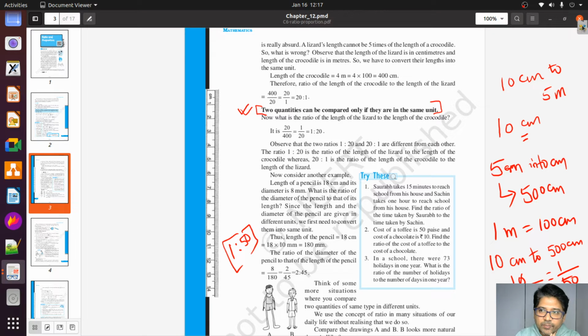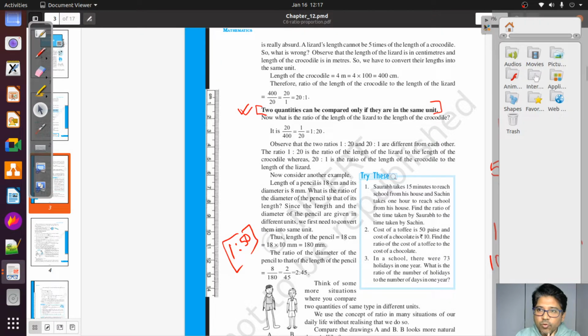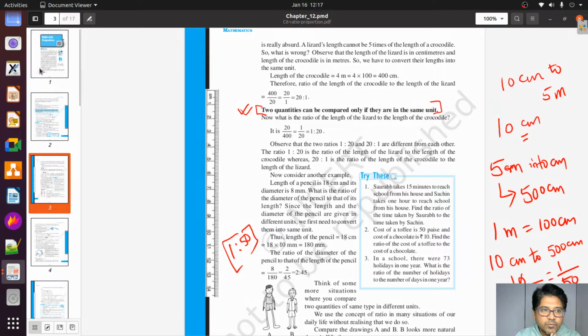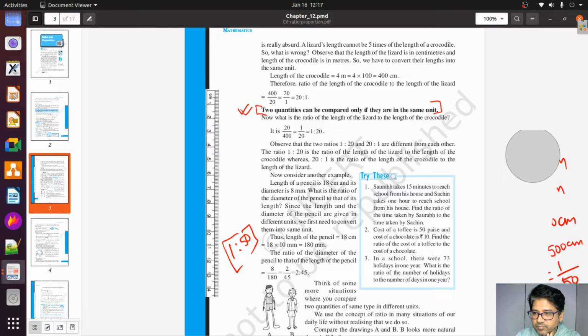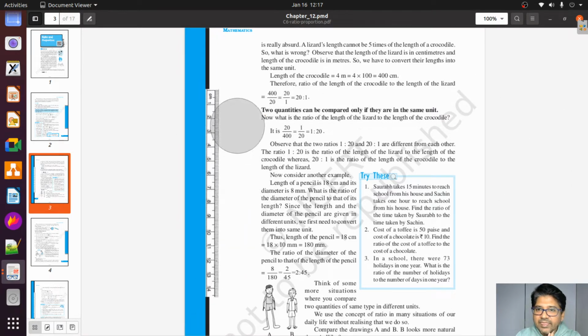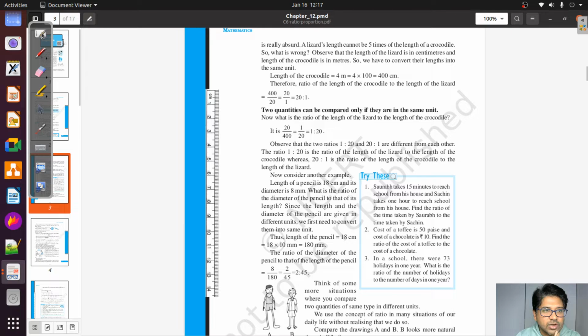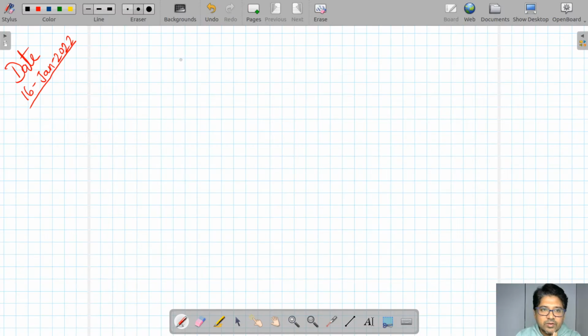Any doubt? No. Let me go to proportion. What does proportion say? Proportion says that if two ratios are equal, then they are in proportion.